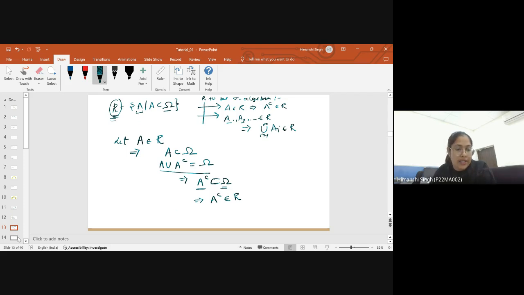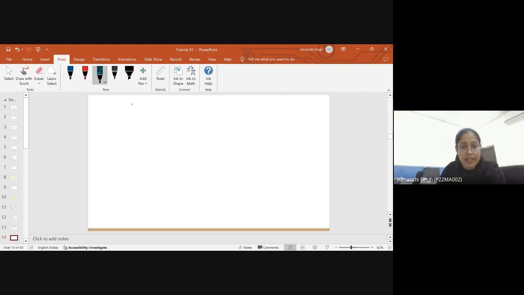Now for the second condition, we will consider the countable union, where n is going from 1 to infinity. Now this countable union we'll consider. So let x belong to the union over n going from 1 to infinity.